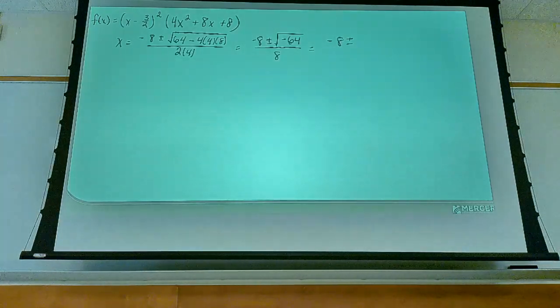So when you simplify, you get negative 1 plus or minus i. There's your solution set.